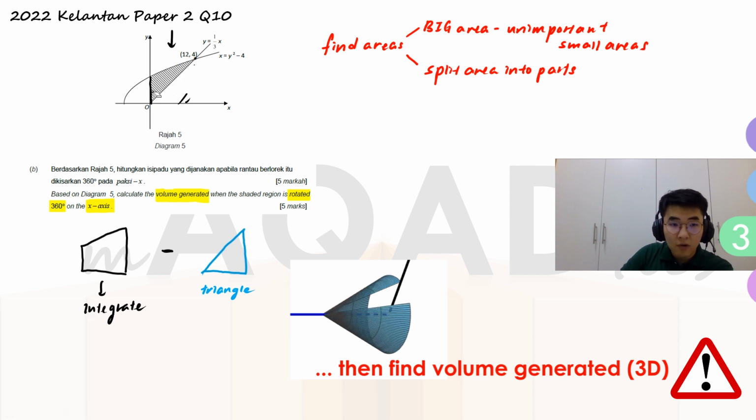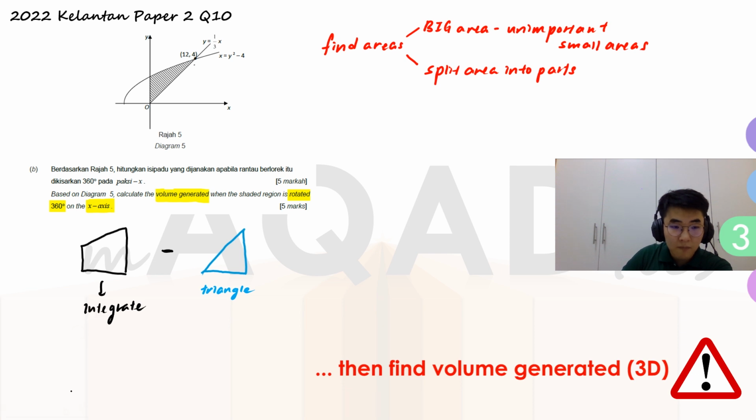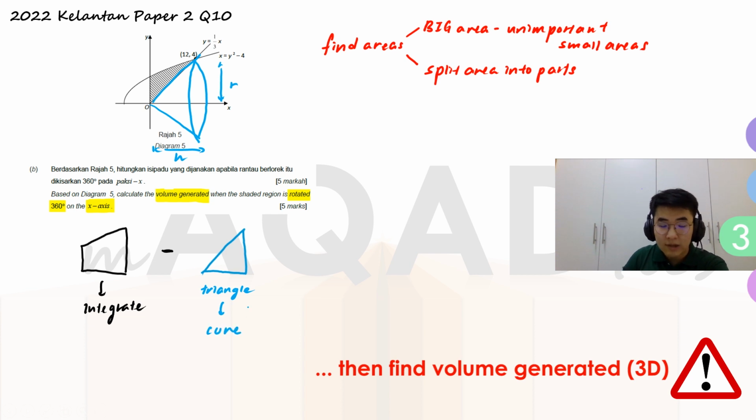Right, so if we draw this cone in this diagram 5, it will be something like this. So here will be our radius, here will be our height. Right, so here the triangle will become a cone in the 3D view.